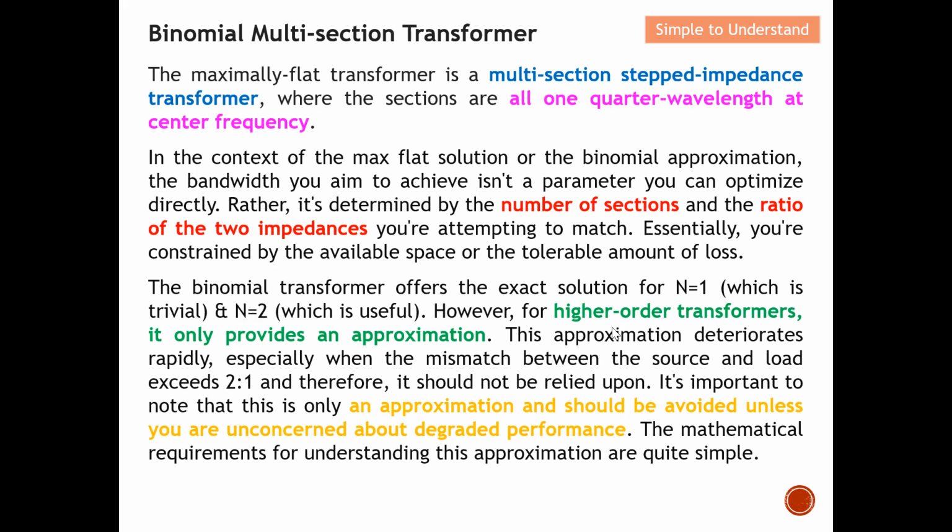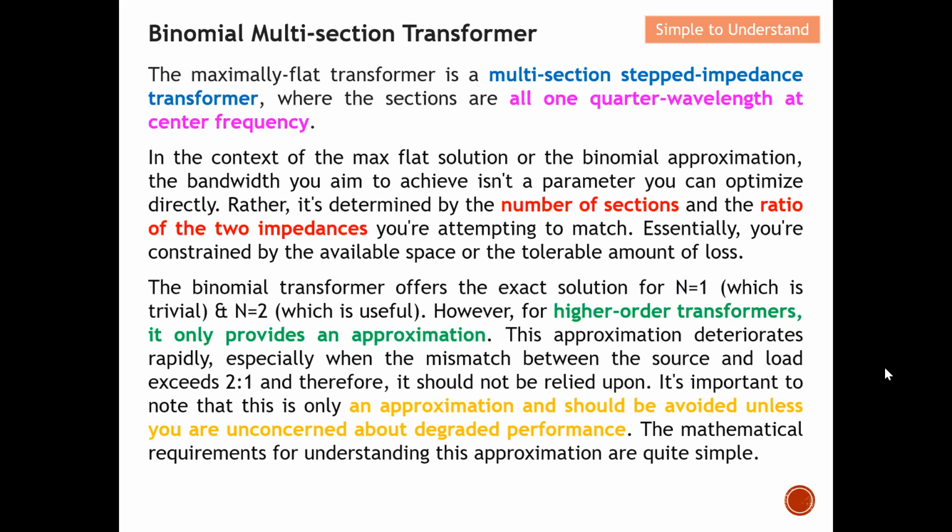So in short, for higher order you would not consider this binomial method, because it is an estimate or approximate method. It should not be relied upon. It's important to note that this is only an approximation and should be avoided unless you are not worried about degraded performance. Then you will use this binomial approximation.